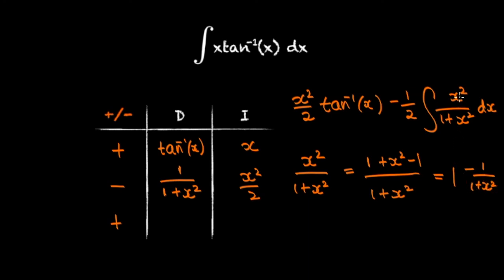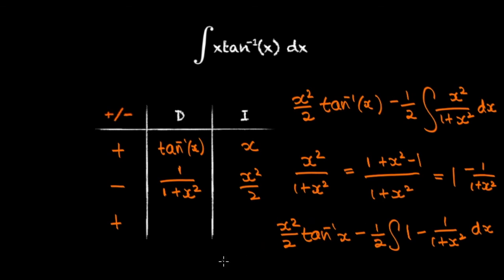And so let's replace what we have here with our new form. So our final answer is x squared over 2 times inverse tan x minus a half times the integral of 1 minus 1 over 1 plus x squared dx.